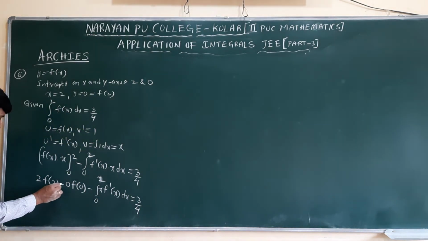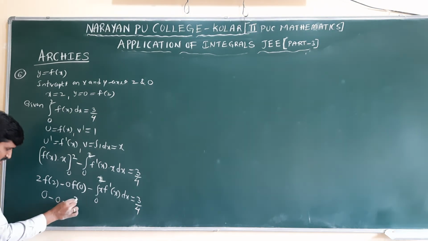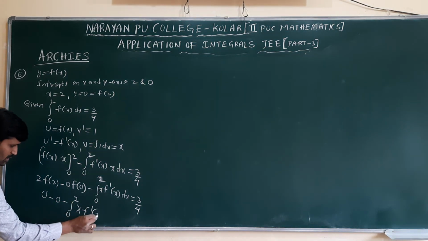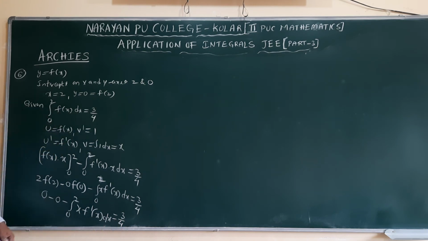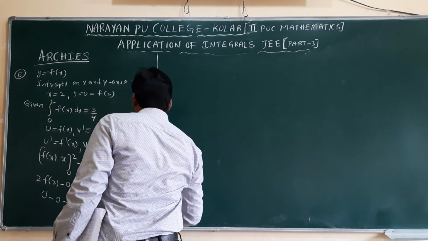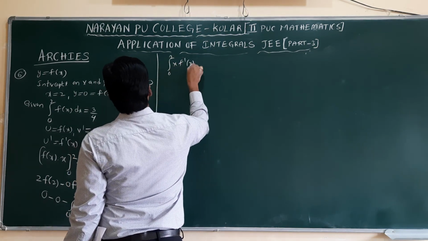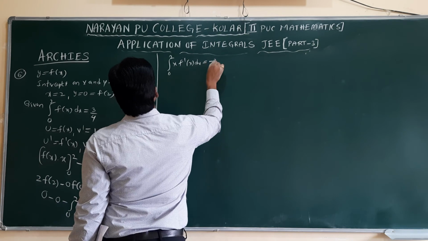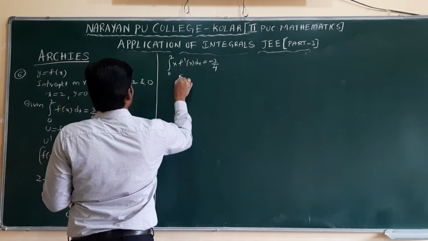Now f of 2 value is how much? 0. 0 into anything is 0. So minus integral 0 to 2 of x into f dash of x dx equals 3 by 4. Now we need only this value; sending this to the other side, the integral 0 to 2 of x into f dash of x dx equals minus 3 by 4. That is option D, the correct one.